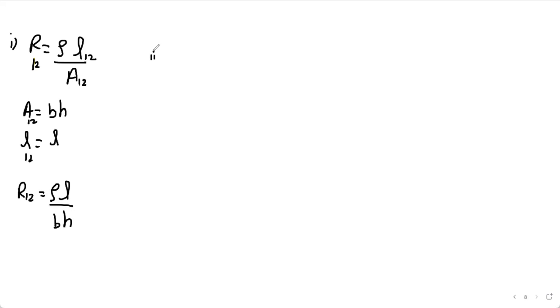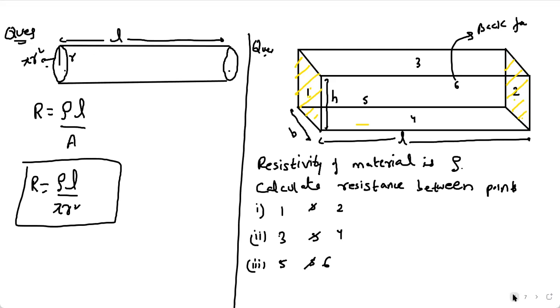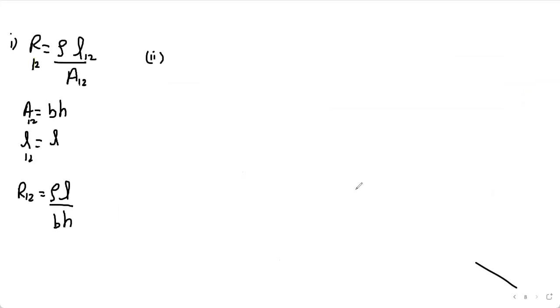Okay, let's do the second case. I need resistance between 3 and 4. So I can write R34 as rho L34 divided by A34. This is how we calculate R34: rho into L34 by A34.